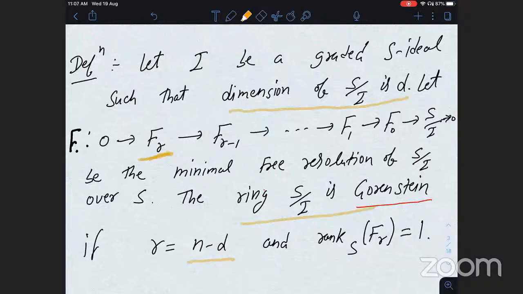So S mod I is Gorenstein if r equals n minus d and the rank of F_r equals 1.